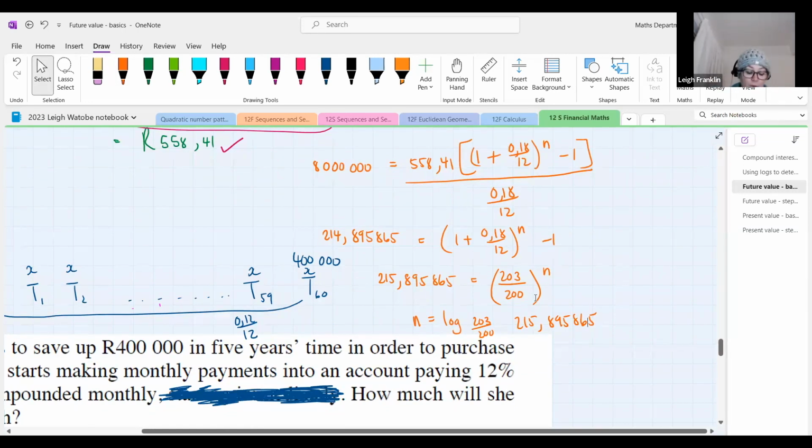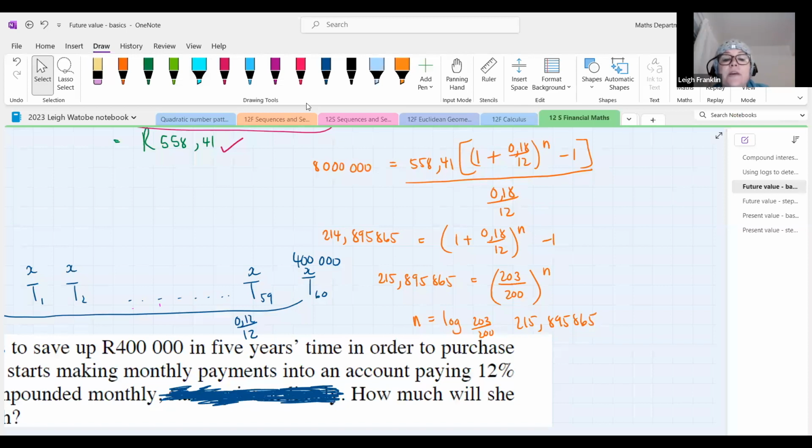Okay, so that's what we would do if we wanted to calculate the value of n. And then we would obviously have to use that log button on our calculator. There you go.